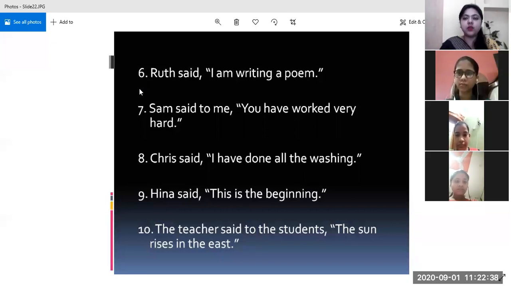Now, can you tell me, Ummeed, what kind of tense is written in the reported speech? Present tense. Present what form? Continuous tense. Yes. See, here it is present continuous tense, children. So she has very correctly transformed it into past continuous. So Ruth said that she was writing a poem.